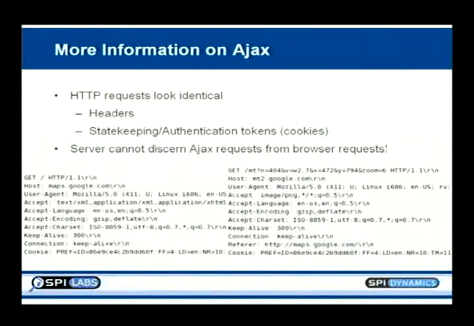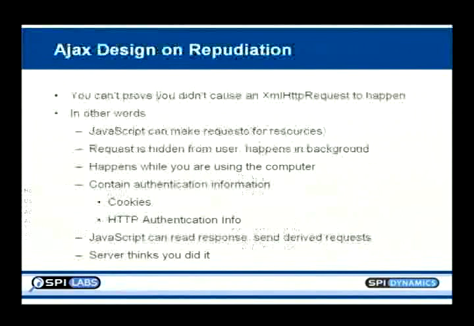From the web server's point of view, this is just an HTTP request. There's no magical header that knows this was a request made by script on somebody's behalf, as opposed to a request made by someone actually clicking on a link. So this is very interesting. You can't prove you didn't make an HTTP request. In other words, JavaScript can now make requests for you for any type of resources.